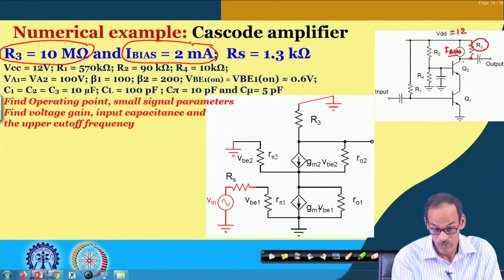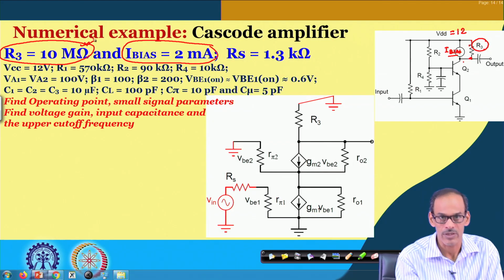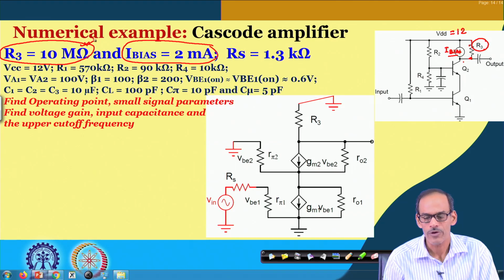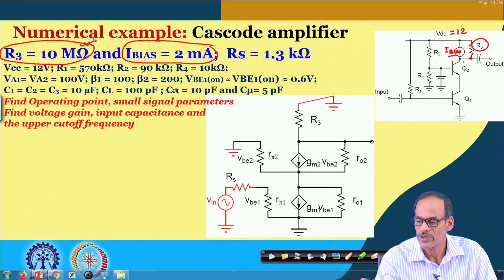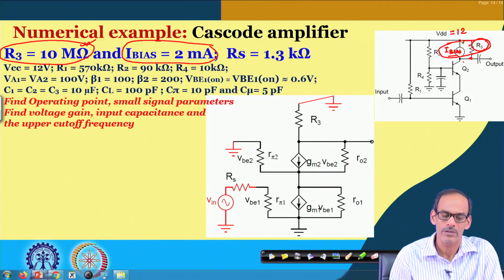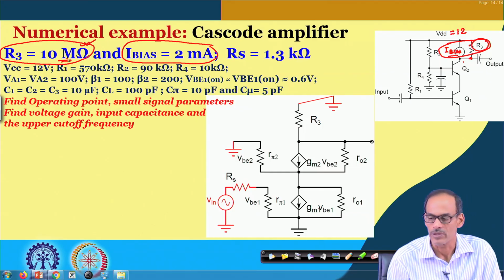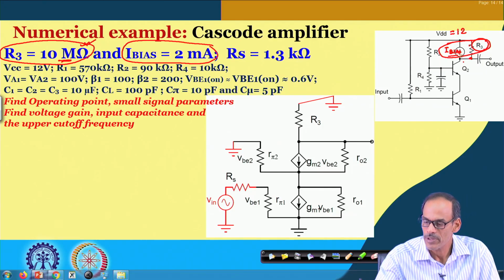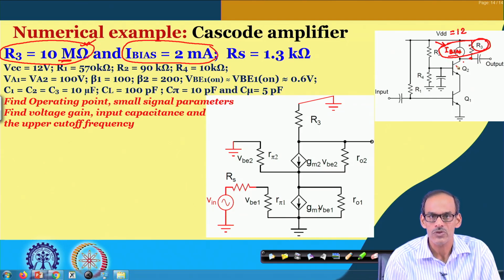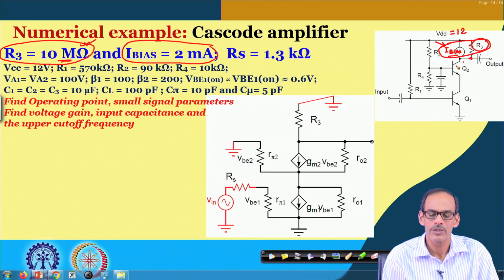Then you may ask why we have this resistance at all. Well, for all practical purposes, while implementing this circuit, the current source may have a finite conductance, and the value we have taken here is feasible, particularly if you implement this part by something called a cascode current source. Later we will talk about the implementation of the cascode current source.